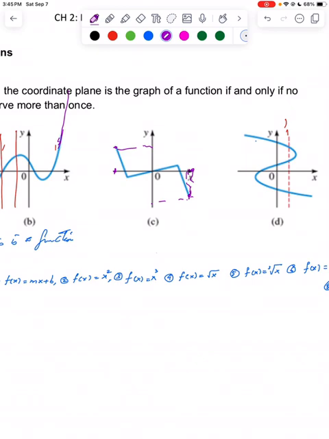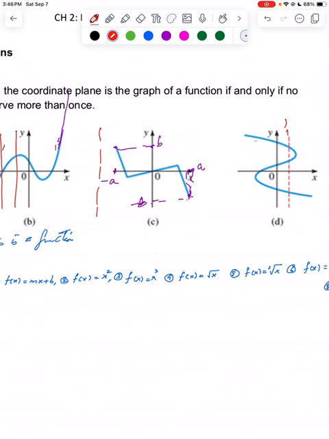So if we say this is negative a and this is a because it looks symmetric, and this is negative b and the top one is b, then if I draw a vertical line somewhere here, it is not crossing the graph, which we have allowed, which is okay.